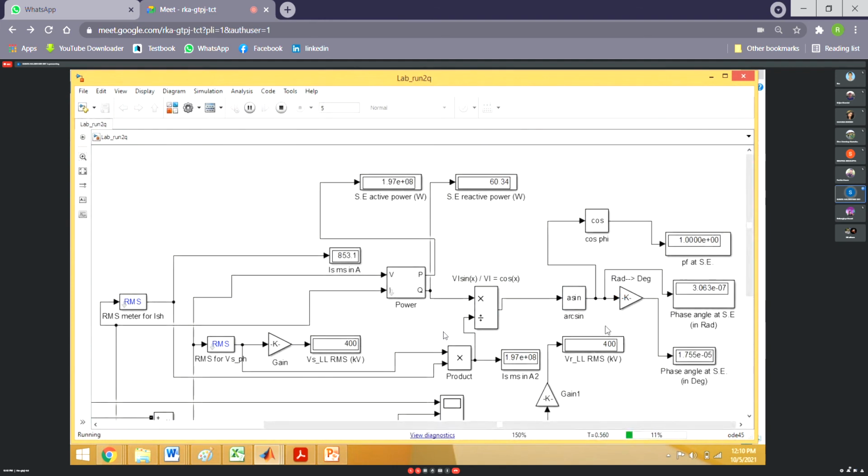Now you see the result, your result will be almost the same as the previous one, because here now the receiving end is loaded with the characteristic impedance. So that is nothing but the SIL of the line.